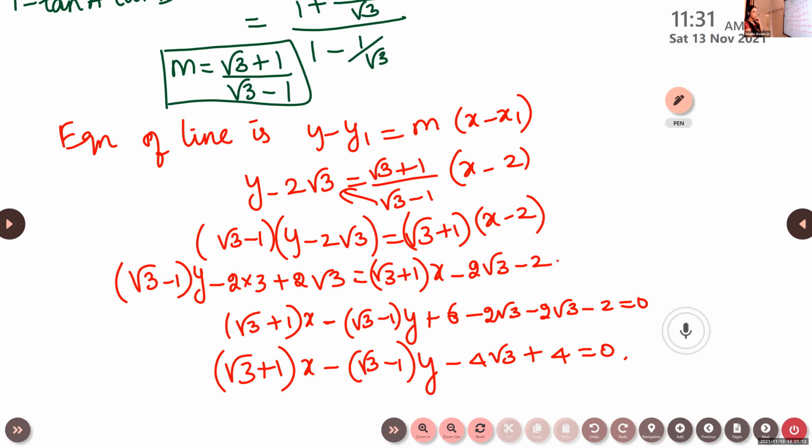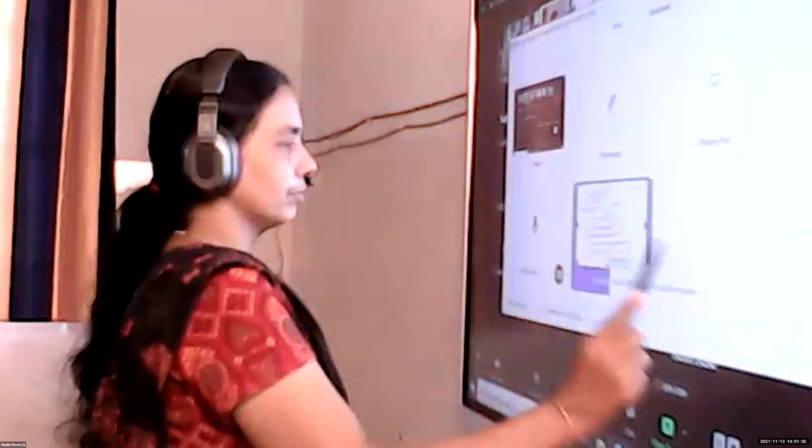Are you getting an answer like this, Niranjan? Mehrin? What's your final answer? Are you able to do the calculation? What is the answer, Shabarinath? When you write in standard form, that is general form.